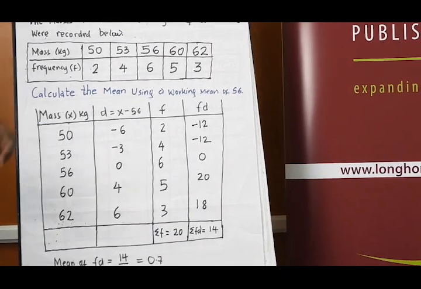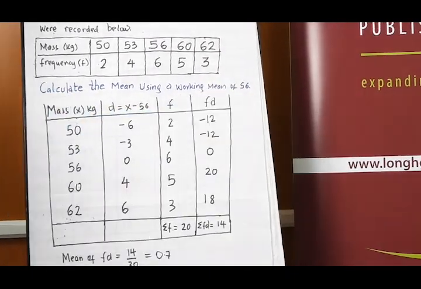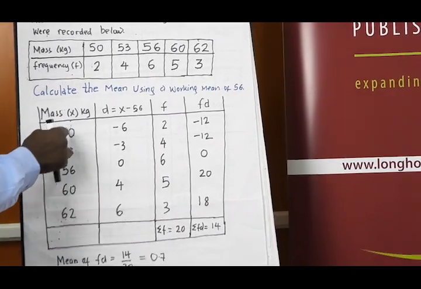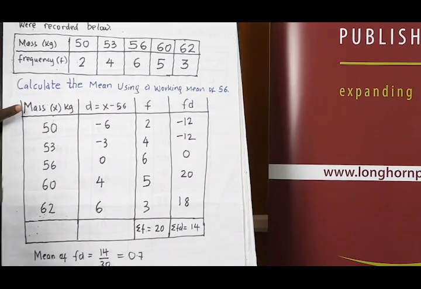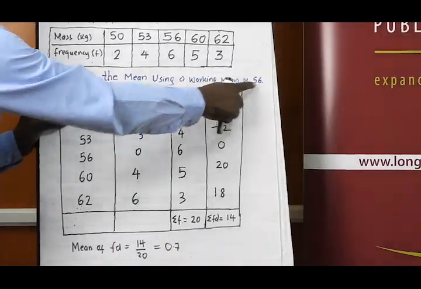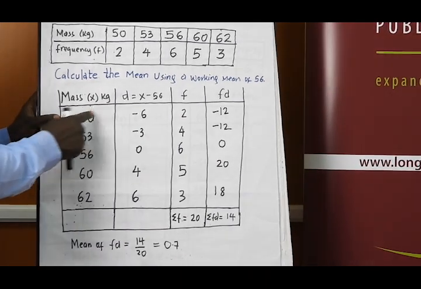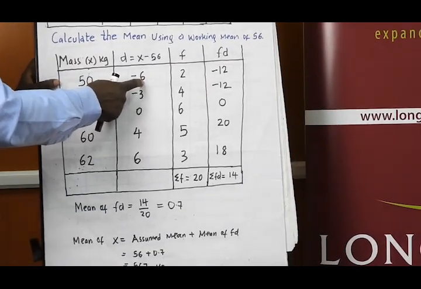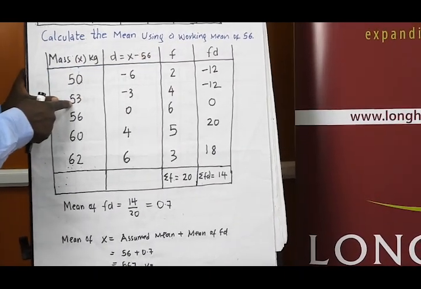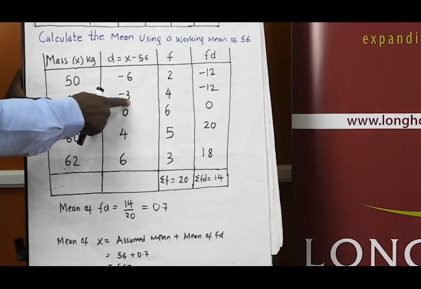Next, we need the deviations from the assumed mean. The assumed mean is given as 56. So the deviations will take X minus 56. For example, in the first one, we'll take 50 minus 56, we get negative 6. Next one is 53 minus 56, which gives us negative 3.